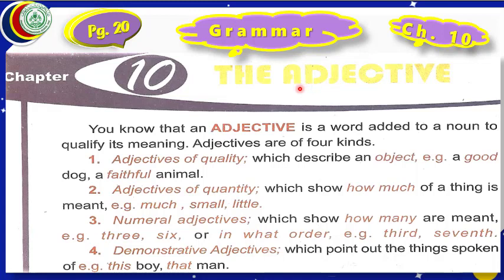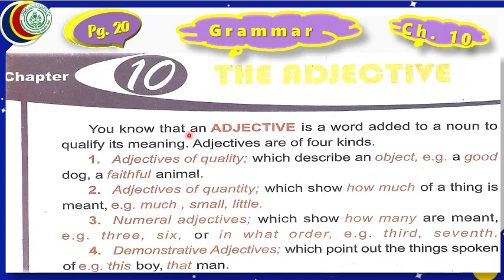You know very well what a noun is, what a verb is. A noun is the name of any place, thing or person. An adjective is a word that tells us more about a noun.